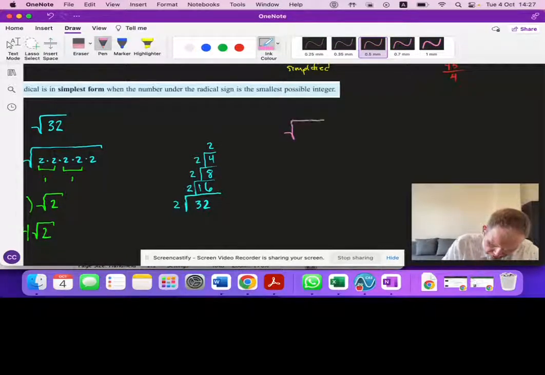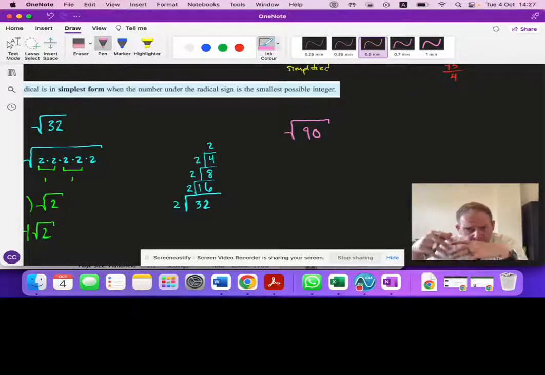Let's try the square root, I don't know, let's do the square root of 90. Let's think about how we can divide that. Let's think what we can take out. One of the fast ways of doing this is look for perfect squares. What can I take out?